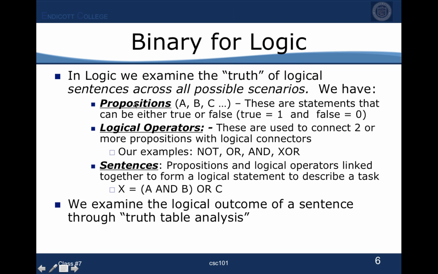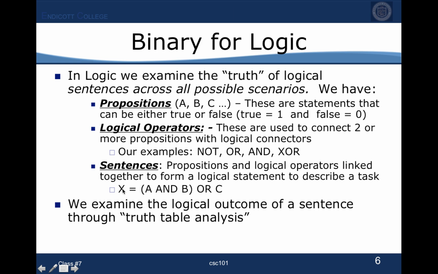I'm going to take propositions and link them together with operators to form sentences. So what is a sentence? It's some propositions connected by logical operators to form a statement that's hopefully going to describe some sort of task.